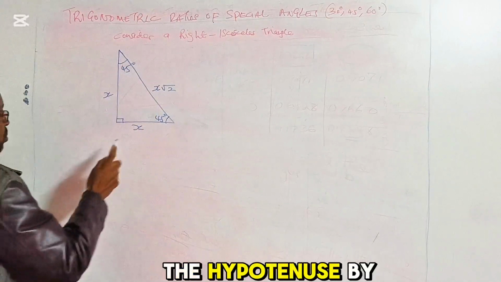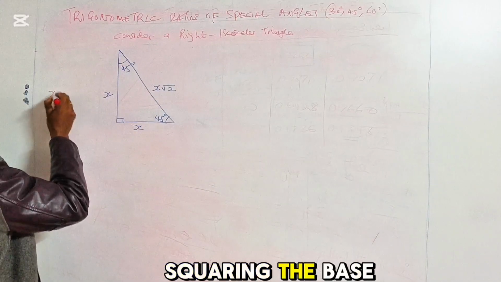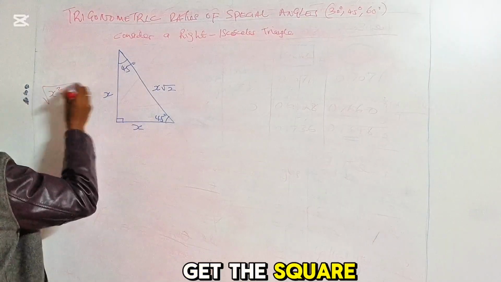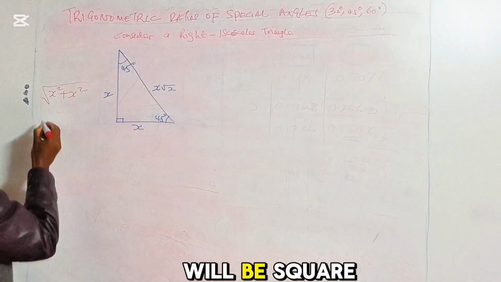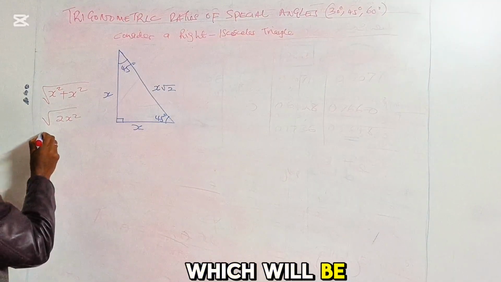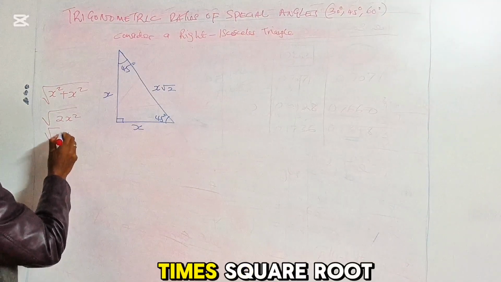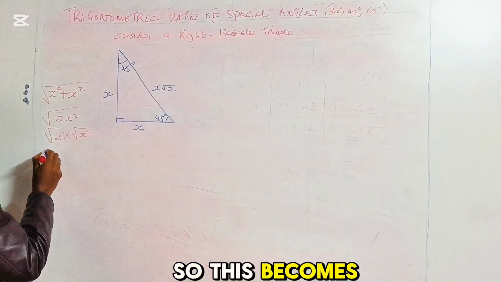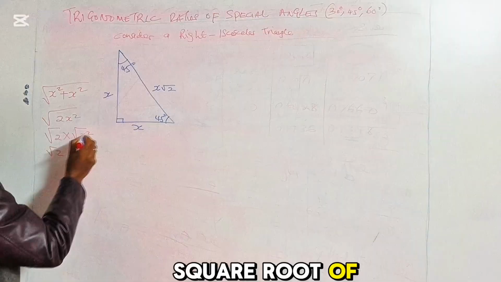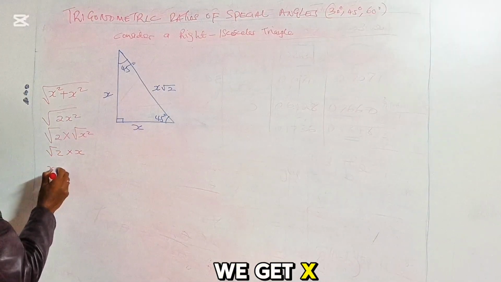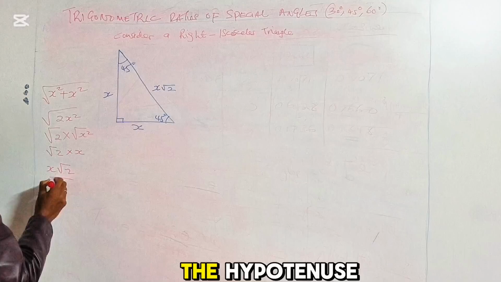We usually get the hypotenuse by squaring the base plus the vertical height, then you get the square root. So this one will be square root of 2x squared, which will be given by square root of 2 times square root of x squared. So this becomes square root of 2. Square root of x squared is x. We get x root 2 as the hypotenuse.